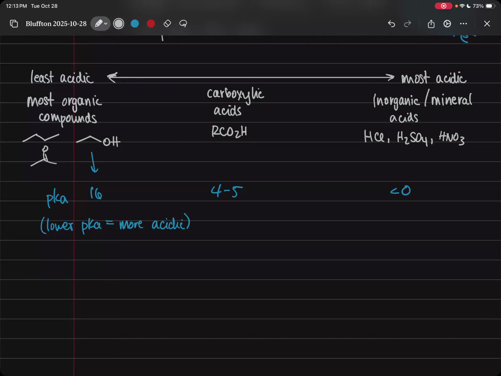So that's at least another 1,000,000 times stronger than carboxylic acids. You don't need to know these numbers or anything, but I do want you to realize that there's a massive difference in acidity between regular organic compounds, carboxylic acids, and inorganic acids.